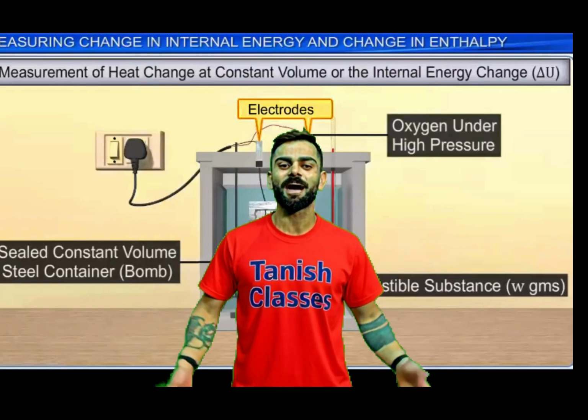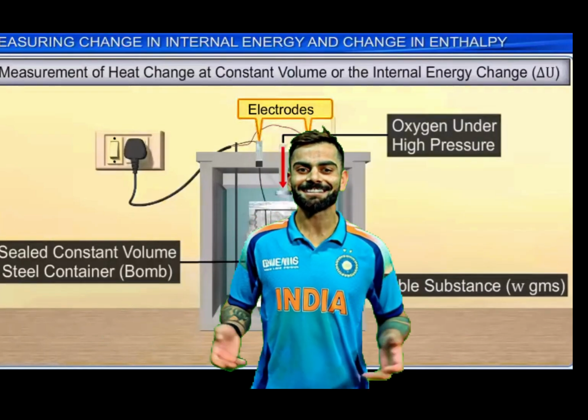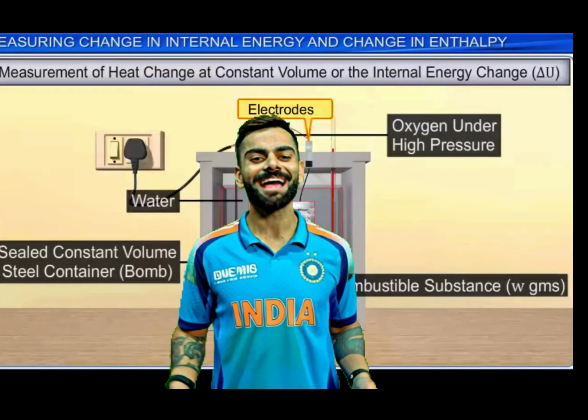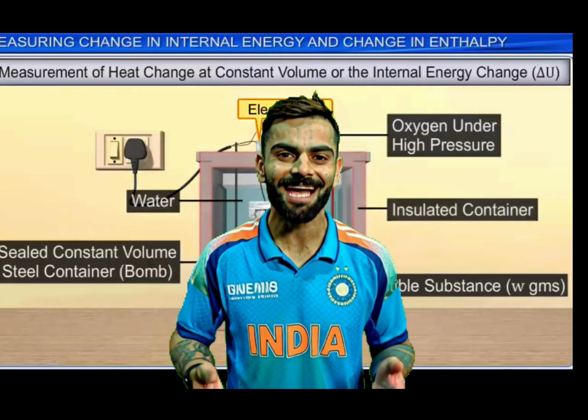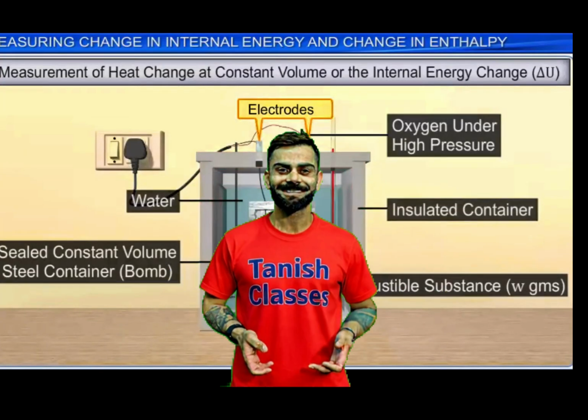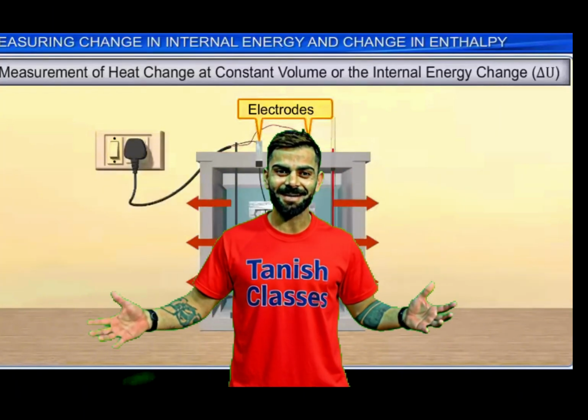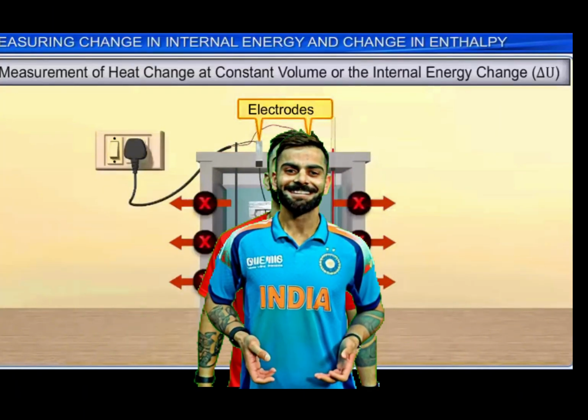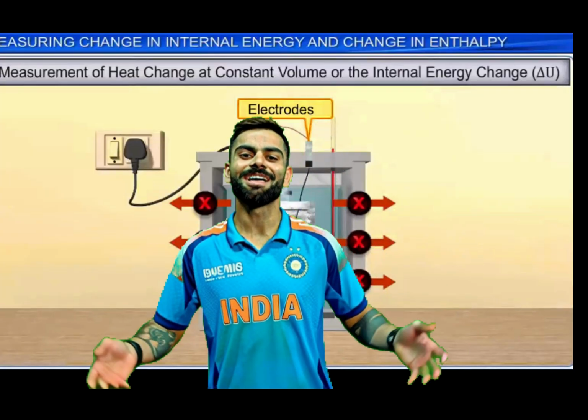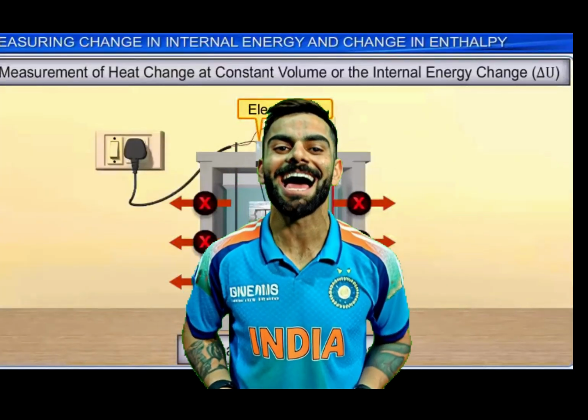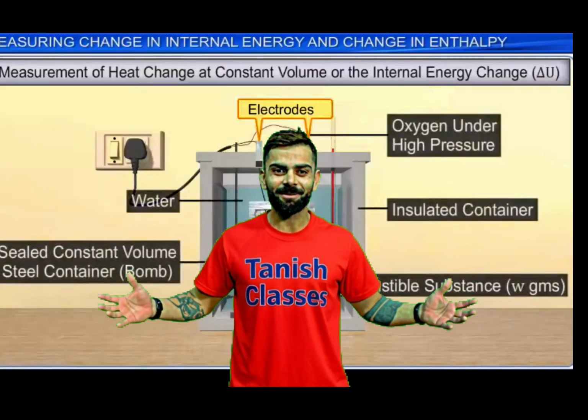The sealed bomb is then immersed in a known amount of water contained in an insulated container. As the container is insulated, there is no heat exchange with the surroundings, and the reaction process is adiabatic. This whole setup is called the bomb calorimeter.